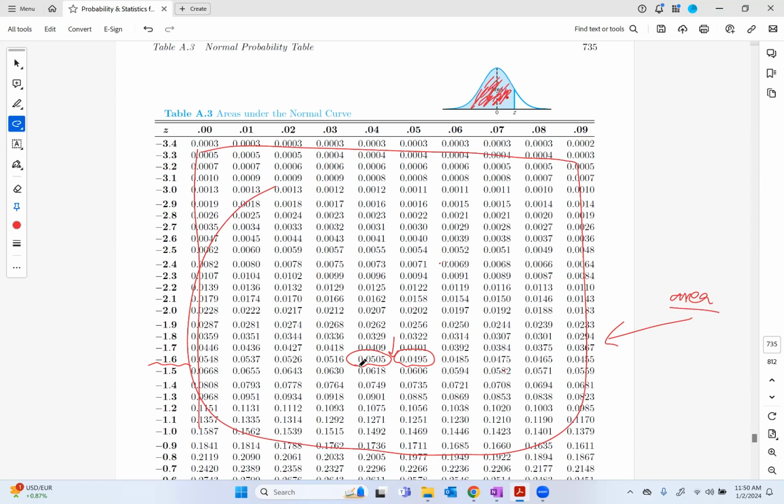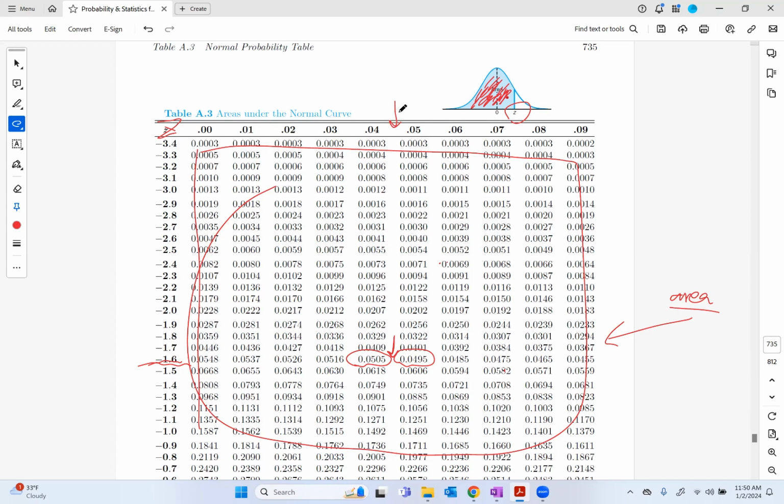We want to find 5%, that is 0.05, so it's in the middle. This is the z value, and the z value is 1.645, in the middle between these two.